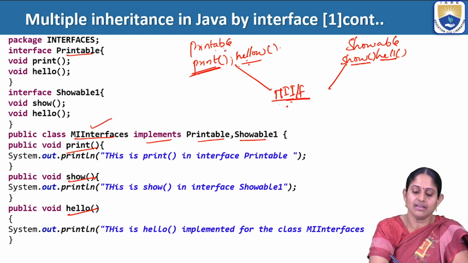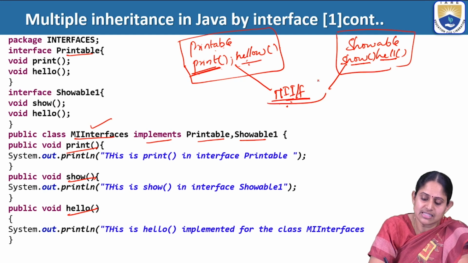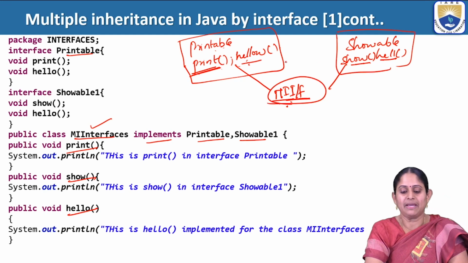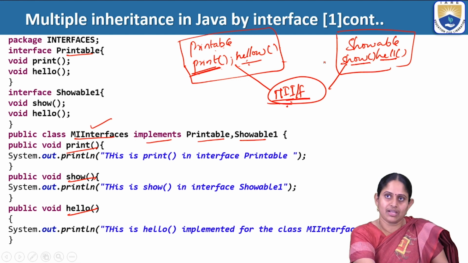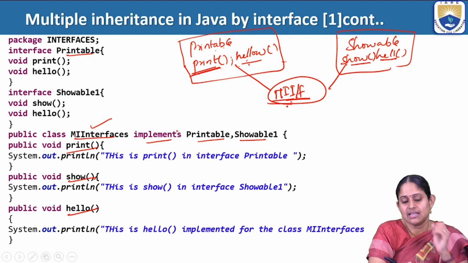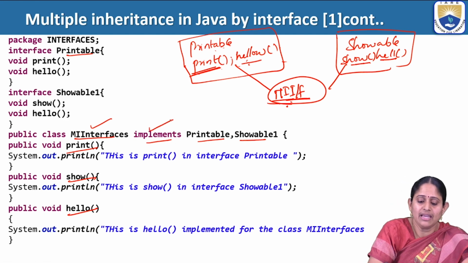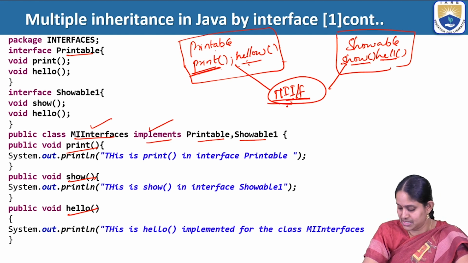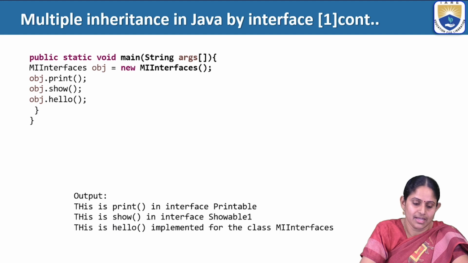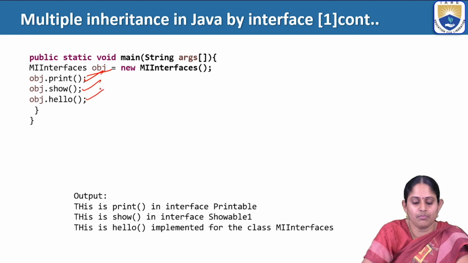Here we have two parent classes, and from them one child class is obtained. These parent classes are implemented as interfaces, and the child class inherits those features of the parent classes by implementing them using the implements keyword. So this is about multiple inheritance in Java. You create an object of that class and invoke the show, print and hello methods.